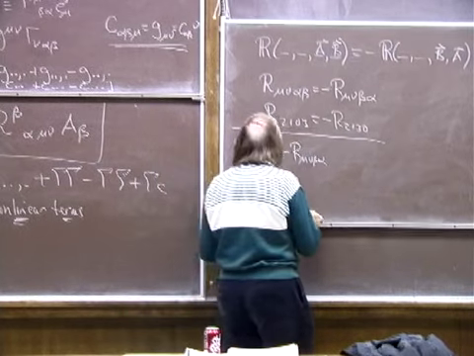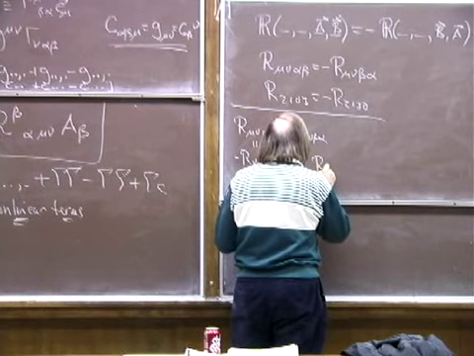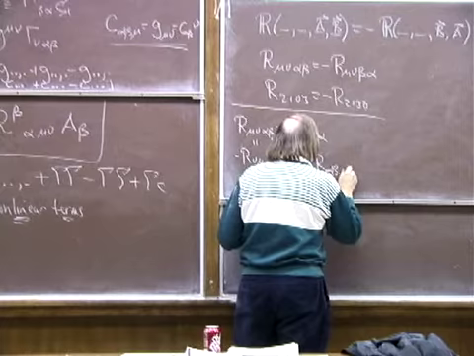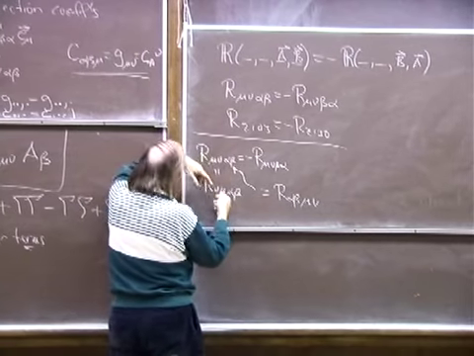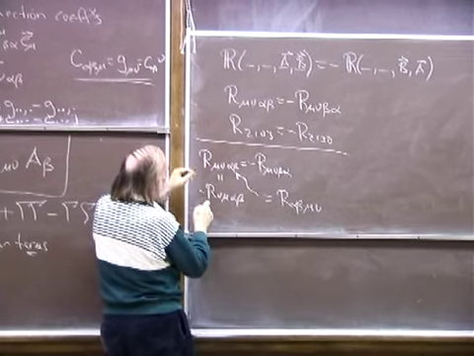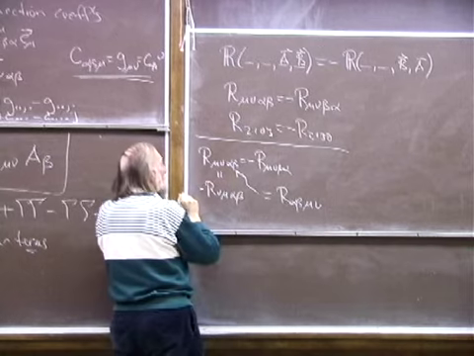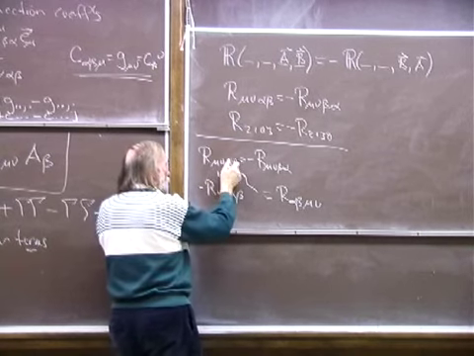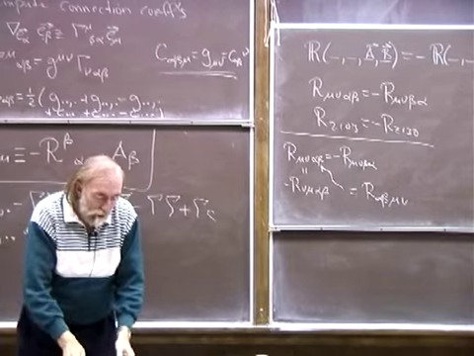And so it's also equal to R alpha beta mu nu. So you take the pairs and interchange them, and the Riemann doesn't change at all. You interchange the first two, it flips a sign. You interchange the last two, it flips a sign. So those are just useful properties.